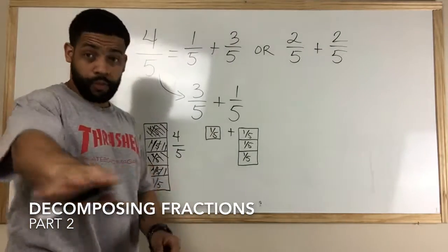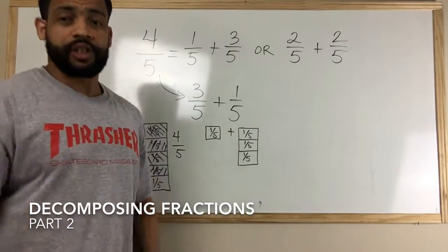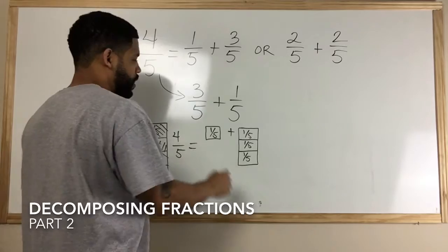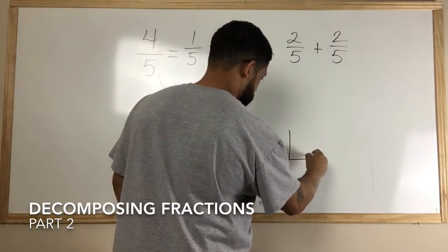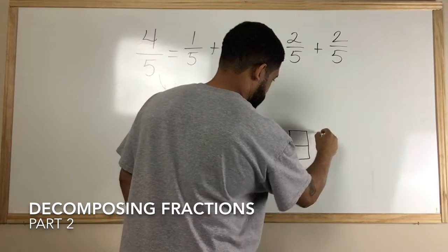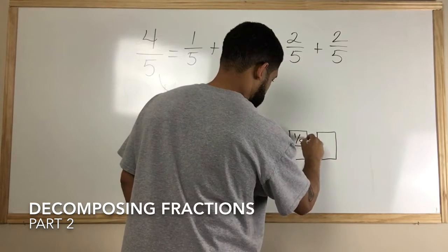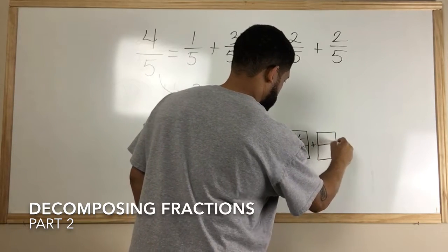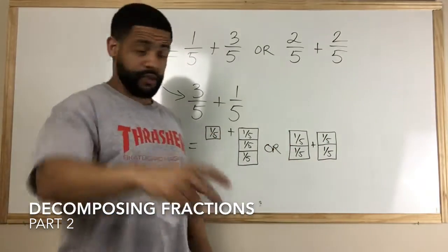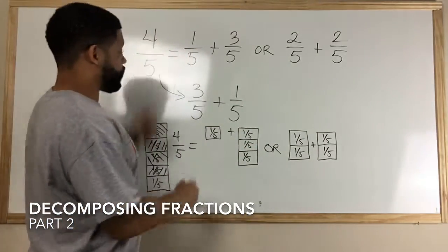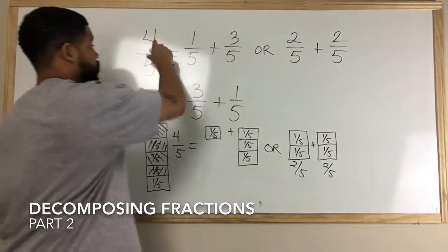Once again, we're imagining that these are the exact same size. That's why I wrote 1/5 on there, so you can see that, okay? So it's also equal to 2/5 plus 2/5. All right, so 1/5 plus 1/5 is 2/5, and then plus 2/5 gives me the 4/5. So 2/5 and 2/5 also gives me 4/5.